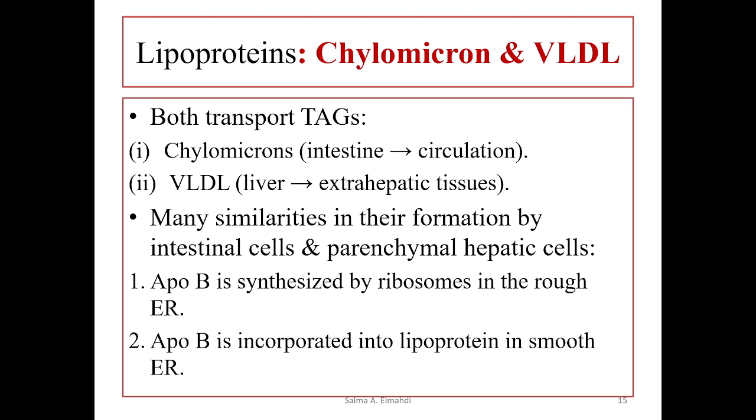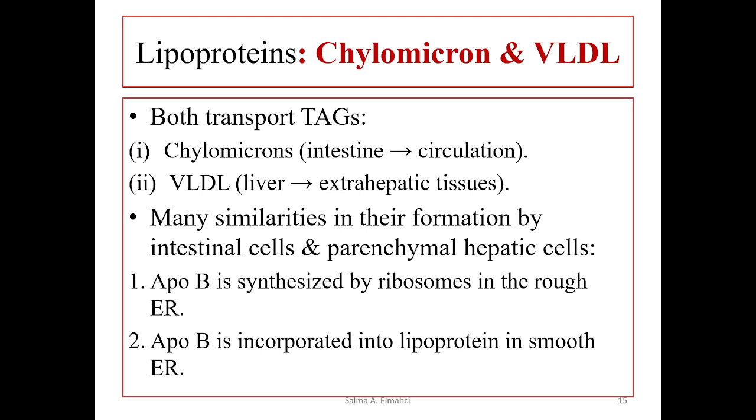We will discuss chylomicron and VLDL together because they have so many similarities. Both chylomicron and VLDL transport triacylglycerols. Chylomicron will transport triacylglycerol from the intestine, where it is absorbed from the meal, across the circulation to different tissues.